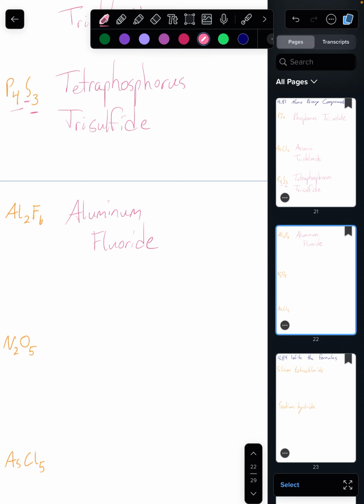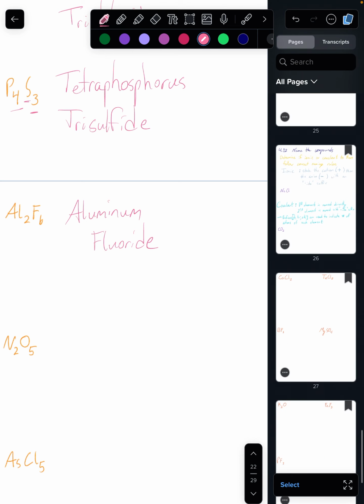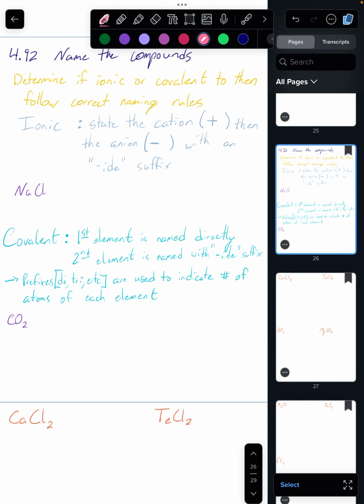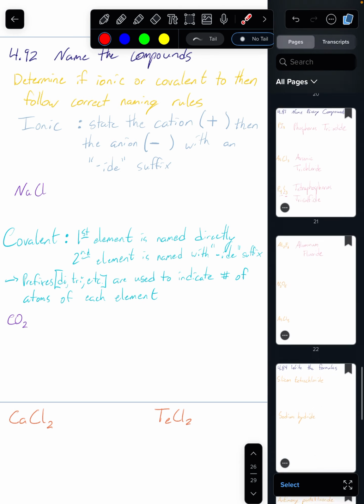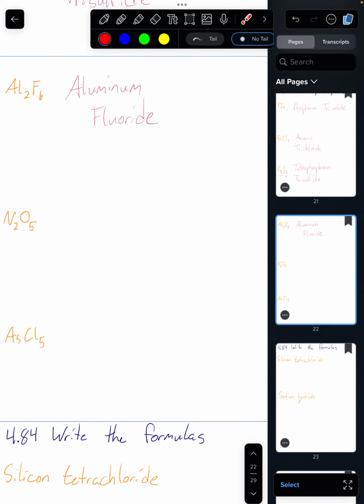Okay? Because it ends up being that ionic one. Okay? It ends up following this ionic rule. Okay?